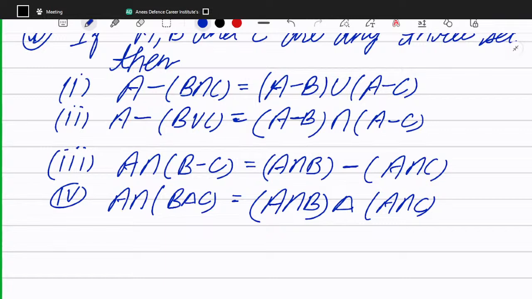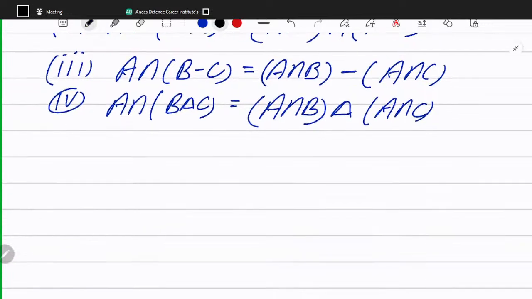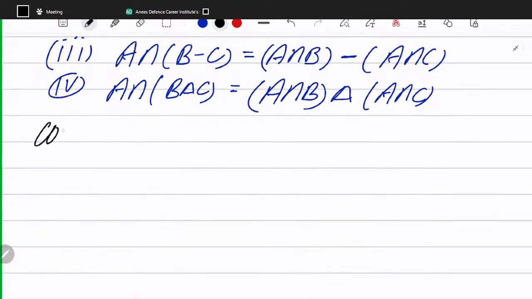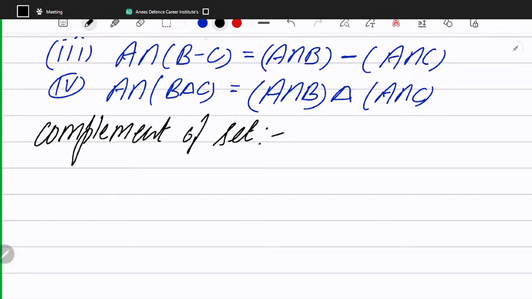Now the next concept, after difference, I will explain about complement of set.